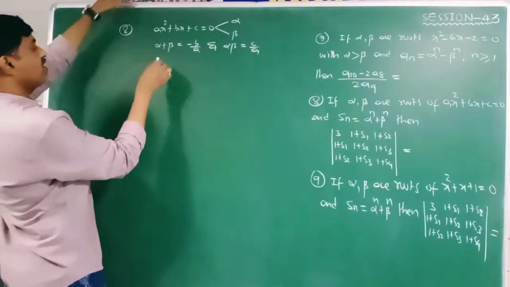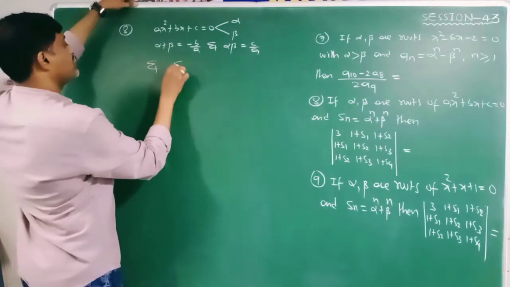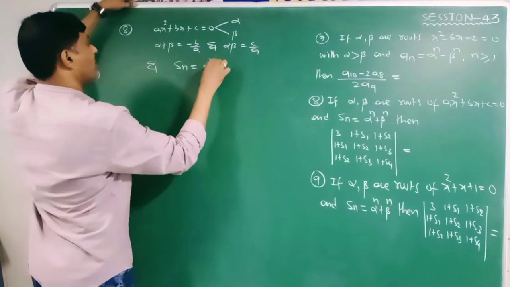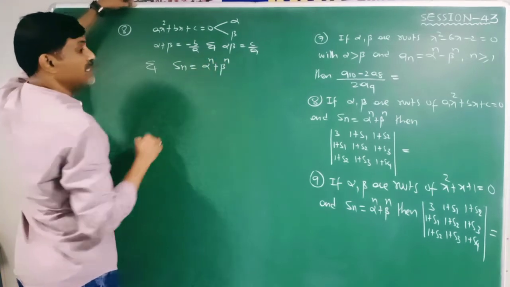Now you give one condition: S suffix n is equal to alpha power n plus beta power n.